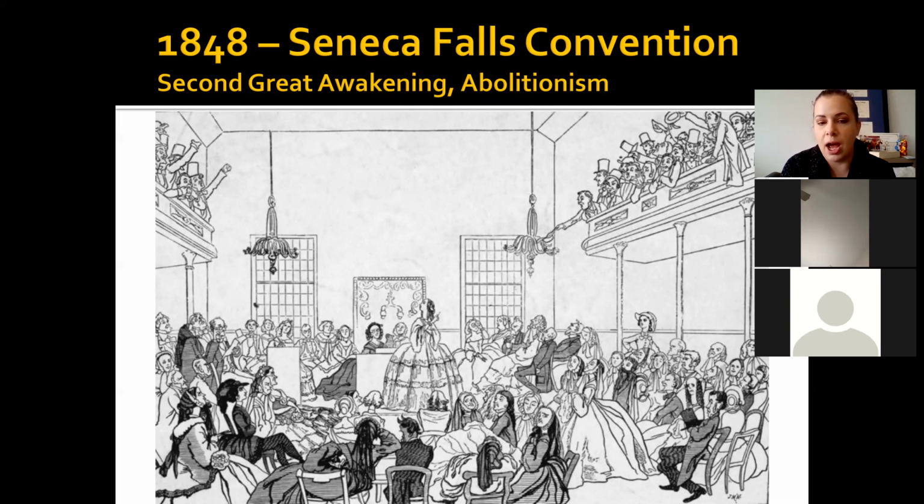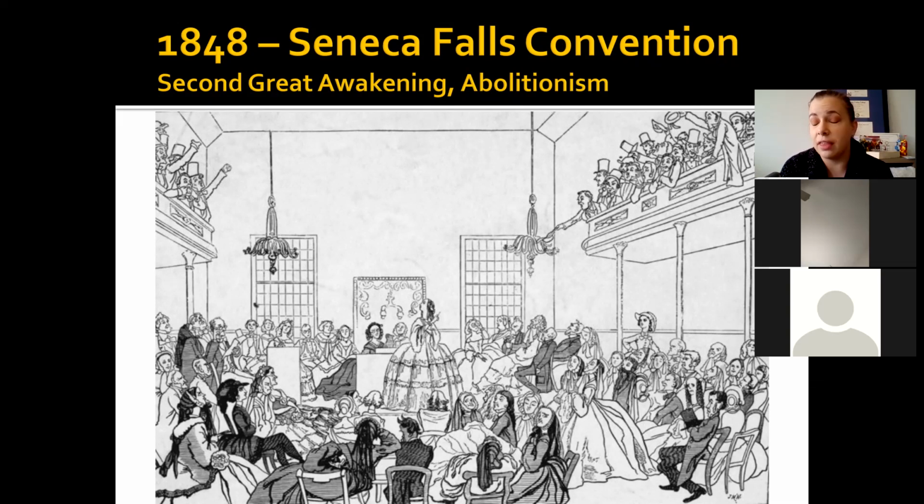We also see a rise from the Second Great Awakening, a new religious revival that pushes for individualism and a sense of individual identity. So it pushes forward more independent thought.